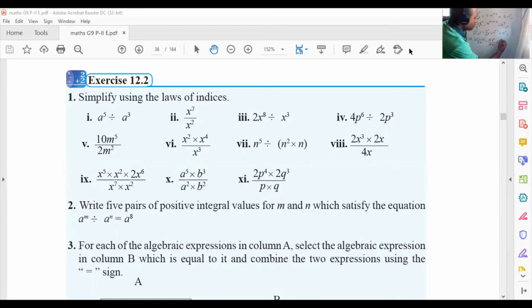Then it is x to the power 4 minus 1 according to the laws of indices. When dividing same bases, indices should be subtracted. Then it is x to the power 3. Right?